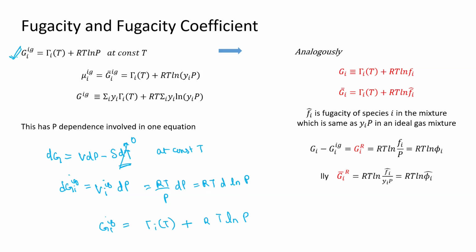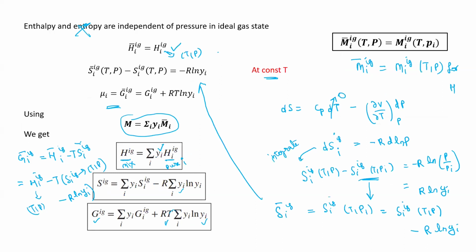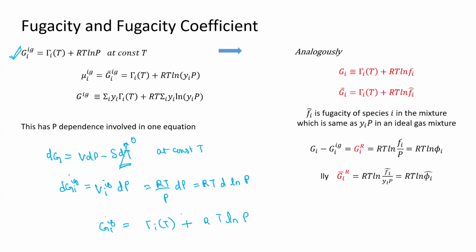Earlier also it was similar, but here it was a summation, only dependent on temperature and y_i. But here I'm writing it in terms of temperature, pressure, and y_i. This P, if it is going into a mixture, the same thing can be described as y_i P. Okay, RT ln y_i P. This P will become P_i inside the mixture.